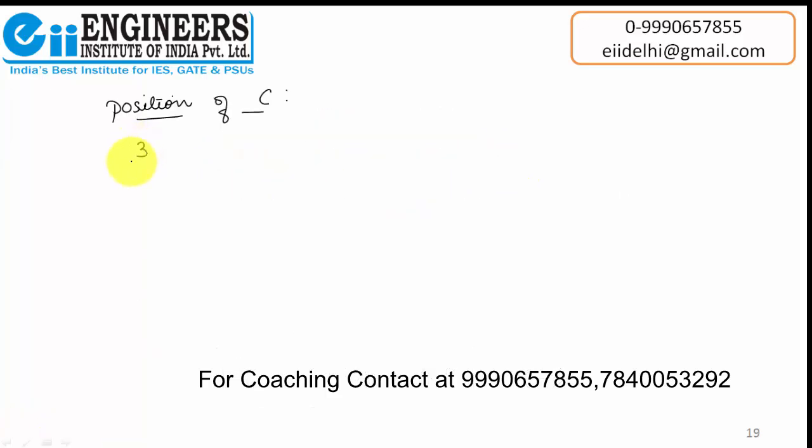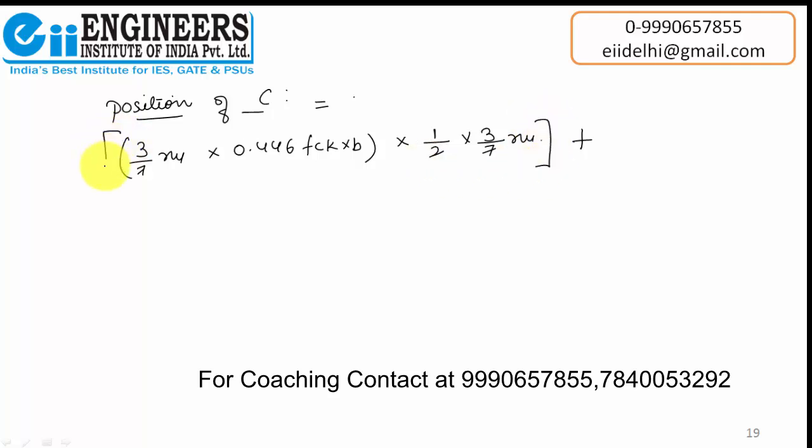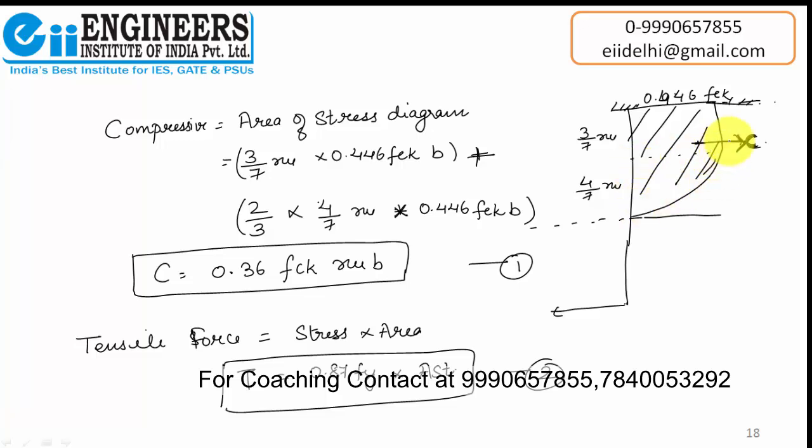This is 3/7 times XU into 0.446 FCK into B, and the CG of a rectangle is B/2 cross D/2. So, we can easily say that it is 1/2 into 3/7 times XU. So, this is the first term. Then the next term is the area of this value into the distance of this compressive force from this datum.